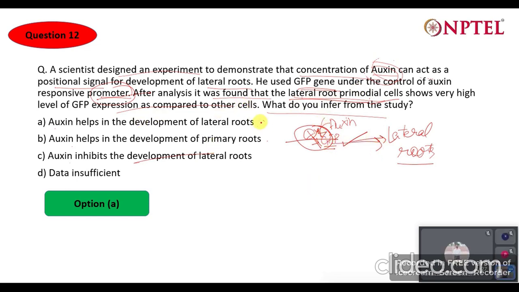Hence, option A is the most appropriate here. Okay, so any doubts in this question? No, sir. Okay, so moving on to the next question, that is question number 13.